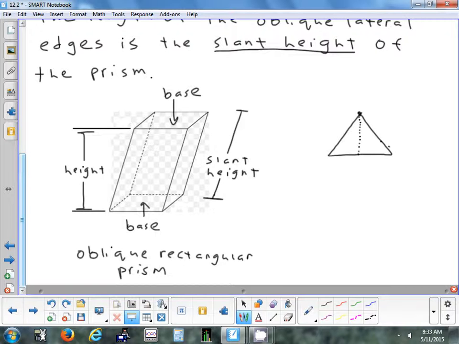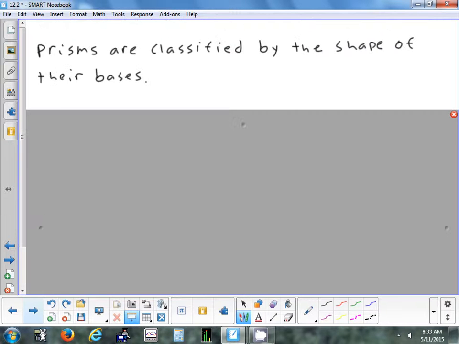Not sure? Anybody, what do you think? Do you think you could fit more or less stuff in here when you bend that shape? It should stay the same. Stay the same? All right, we'll think about that when we get to volume. Maybe we'll try to look at that. If you bend that shape, does it change the volume, or does it change the surface area? We'll talk about that when we get to it.